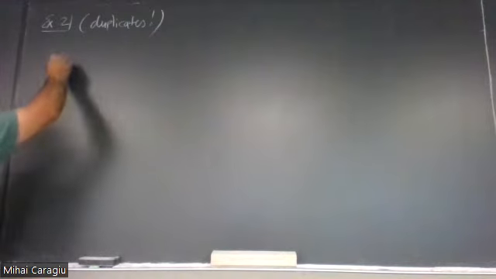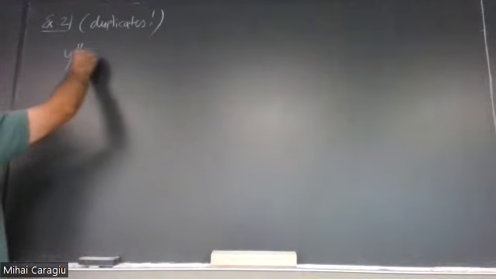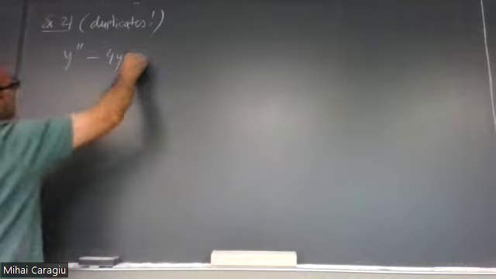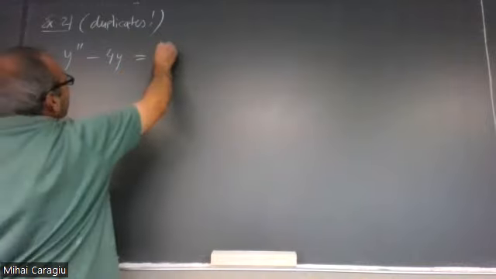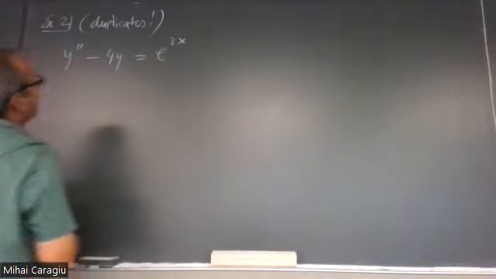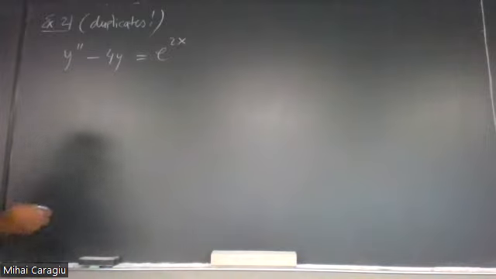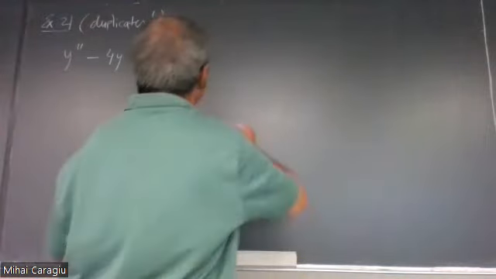Okay, so let's take a second example. Let's see, y second minus 4y equals e to the power 2x. I'll not put initial conditions, just a general solution. Find the general solution.